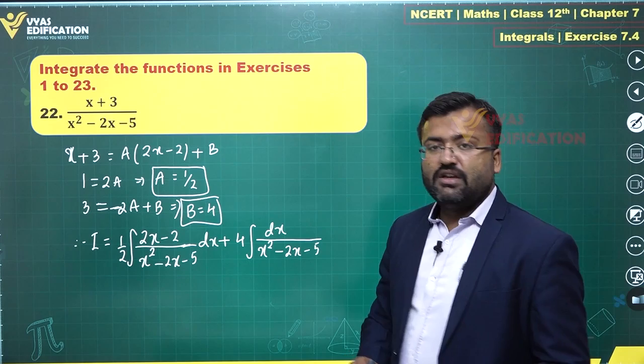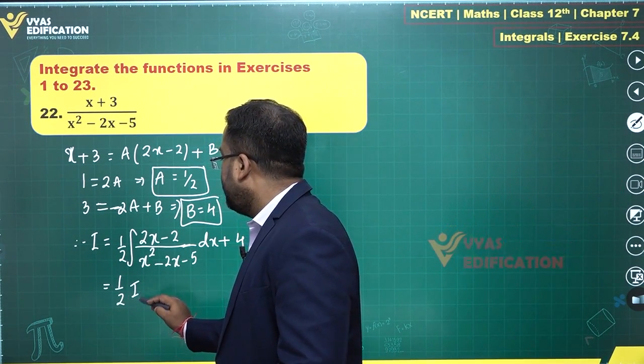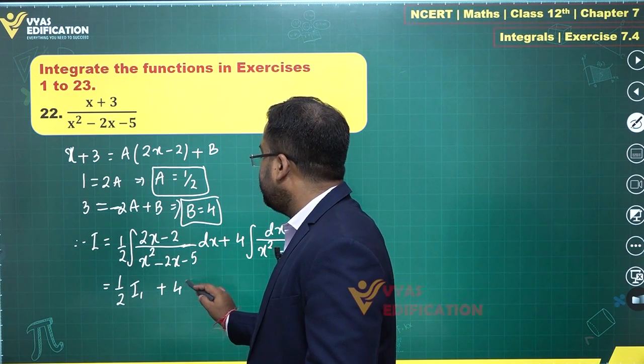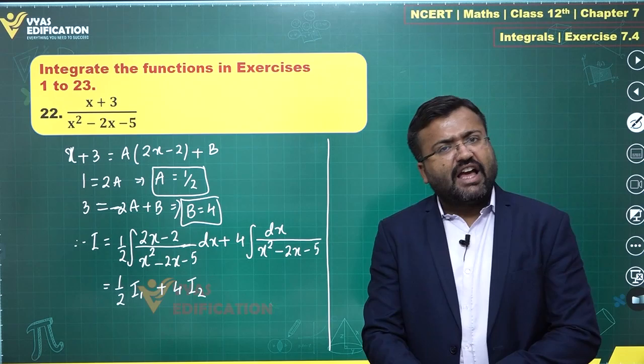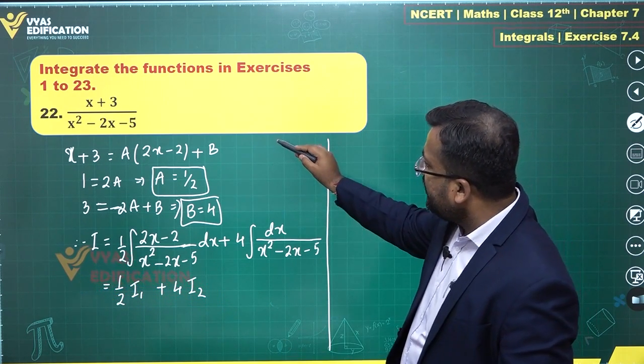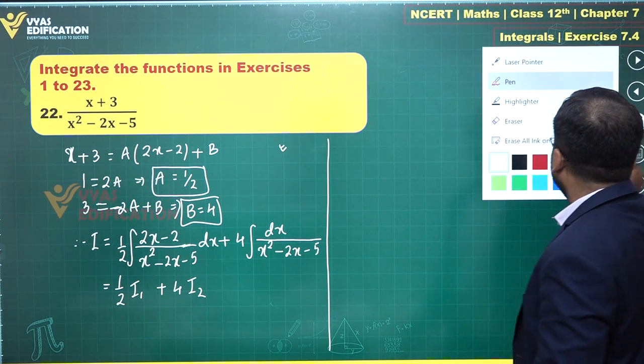This is what I have. Is that okay? Yes. This is I1. Let's call this I1, and the other integral I2. Now our only task is to find I1 and I2, right? After splitting, you need to find I1 and I2 separately.